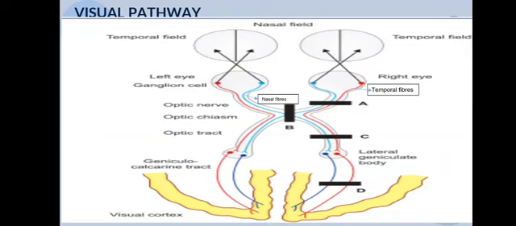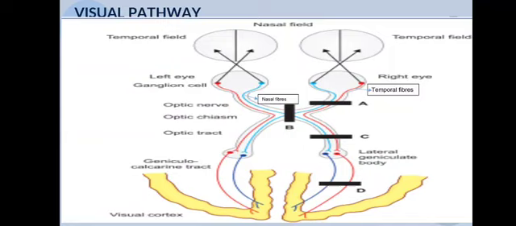The fibers from the nasal eye field will form the temporal fibers. These red color fibers are known as the temporal fibers. At the same time, the fibers from the temporal field will form the nasal fibers. Nasal fibers are the blue fibers. They will cross. Okay, they are the crossed fibers.